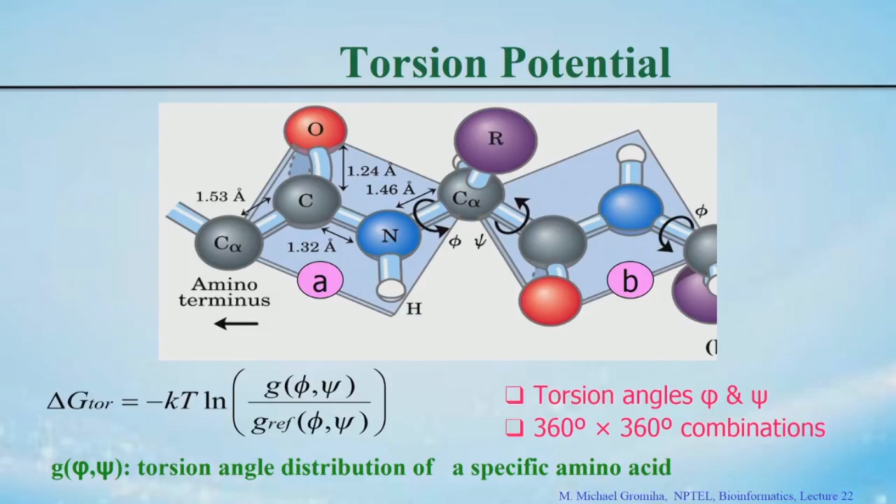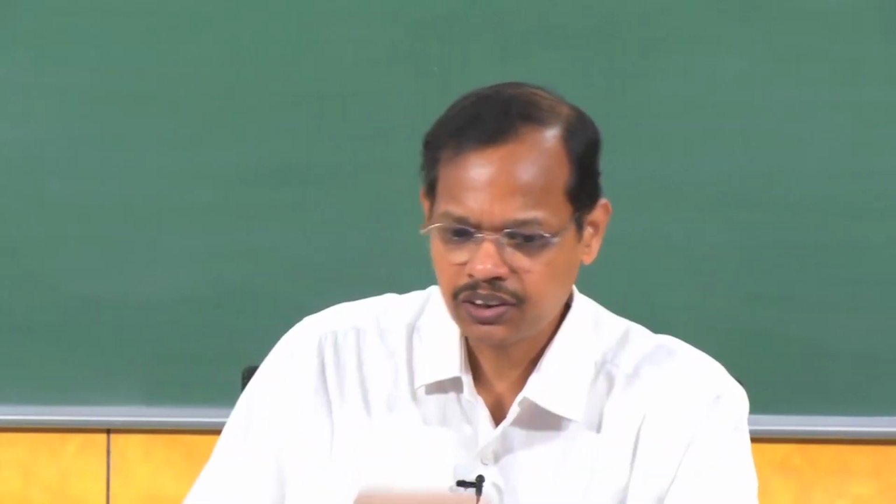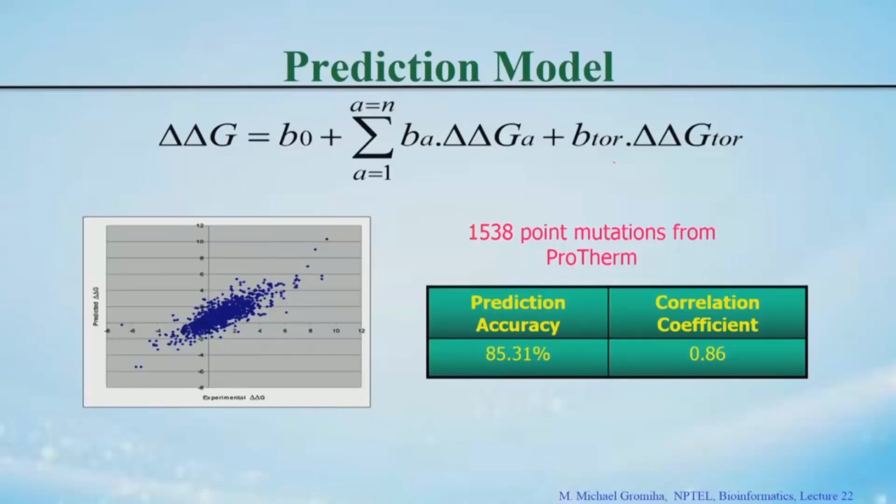So, 2 different aspects, one is based on distance, one is based on torsion, then we combine these 2, right. Here you can see the torsion potential and the distance potential, and this is a constant, a kind of multiple regression technique. For all the cases we know the values, because we know the delta G torsion and delta G distance potential.